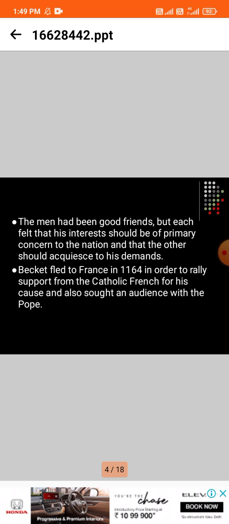Becket fled to France in 1164 in order to rally support from the Catholic French for his cause and also sought an audience with the Pope.